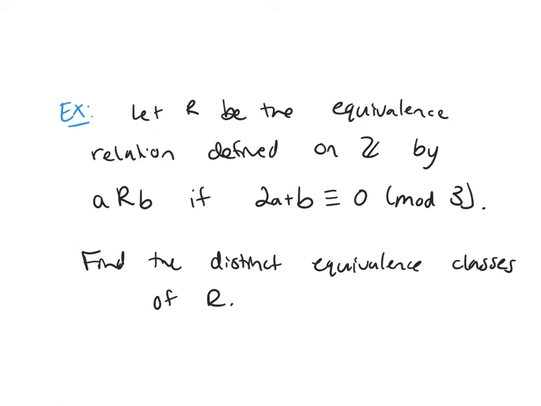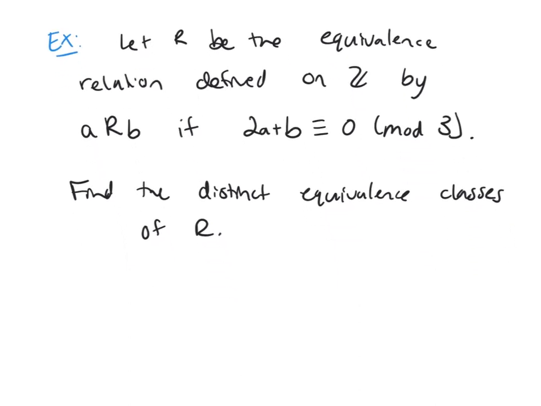So the first thing you're going to do is take an integer and find its equivalence class. Let's start like we've done all of the other ones. Let's begin by finding the equivalence class of 0. So this is all the elements in Z where x is related to 0.